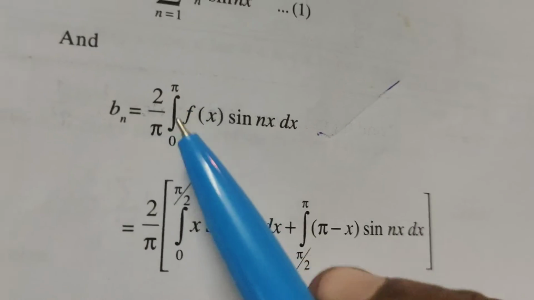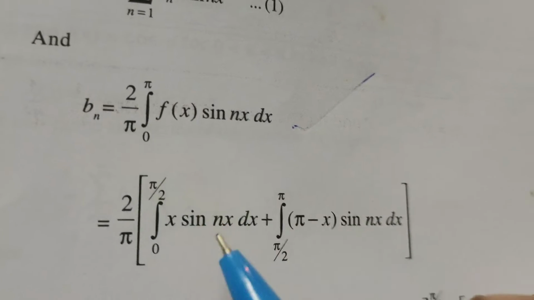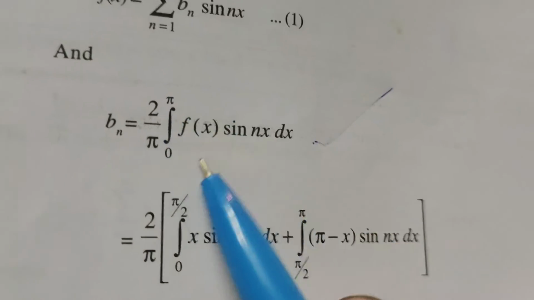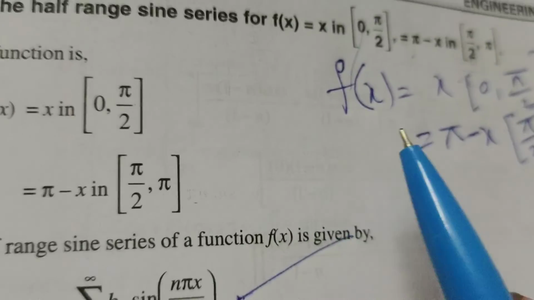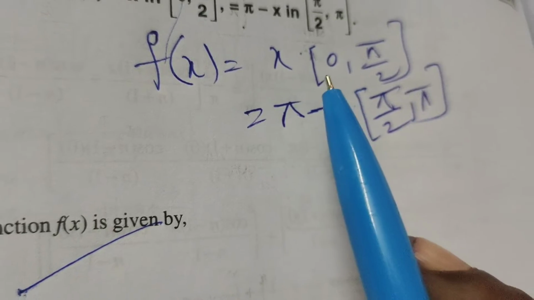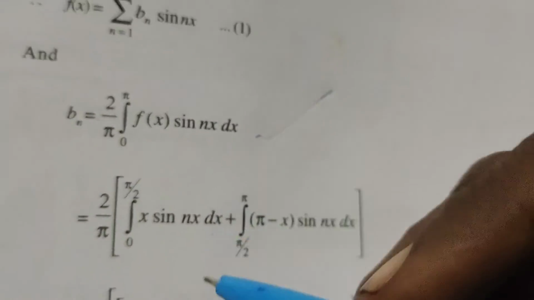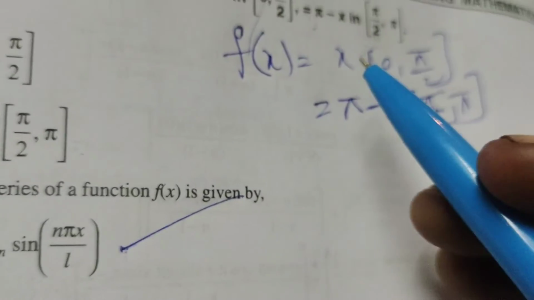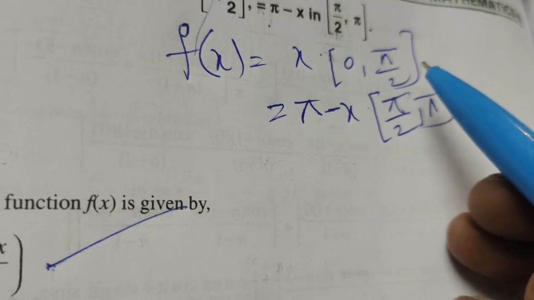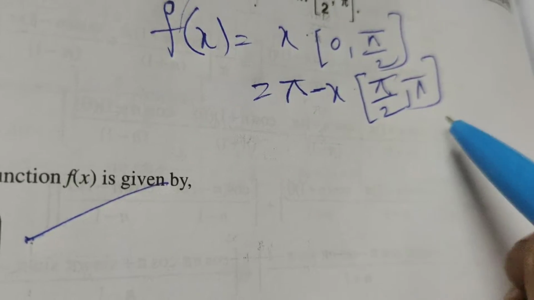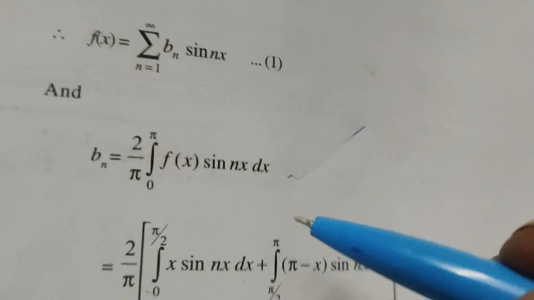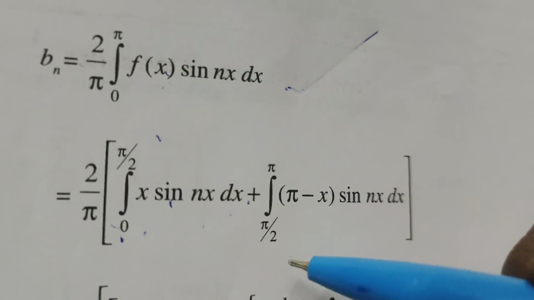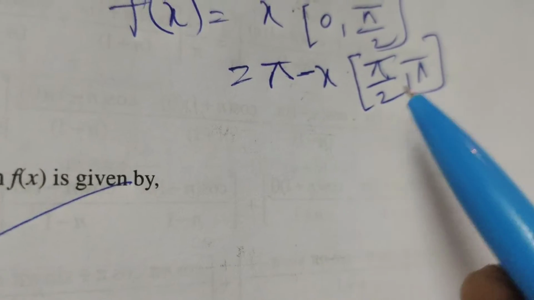Now 2/π times the integral from 0 to π/2 of x sin(nx) dx. Here f(x) means x, and the interval is 0 to π/2. So write 2/π, with f(x) split up into the given functions: x for 0 to π/2, and π − x for π/2 to π. Now write x sin(nx) dx from 0 to π/2, plus the integral from π/2 to π.